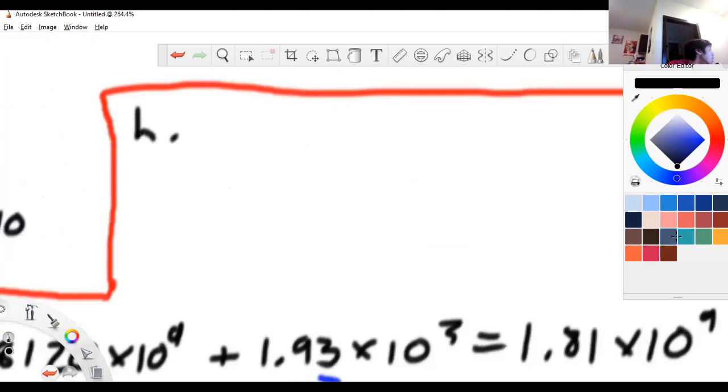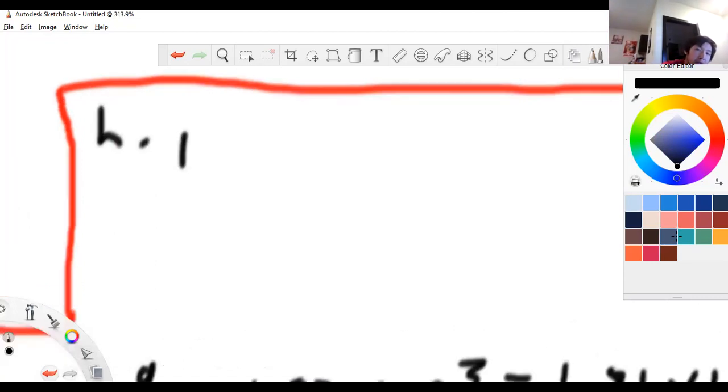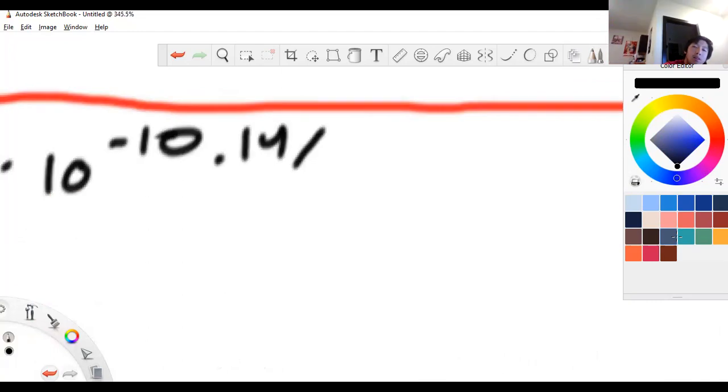H, 10 to the negative 10 or 14 over 4.37. So 10 is ambiguous. At this point, we really don't care about sig figs, but we need to figure out what the heck is going on up here. So we have 4 versus 3.